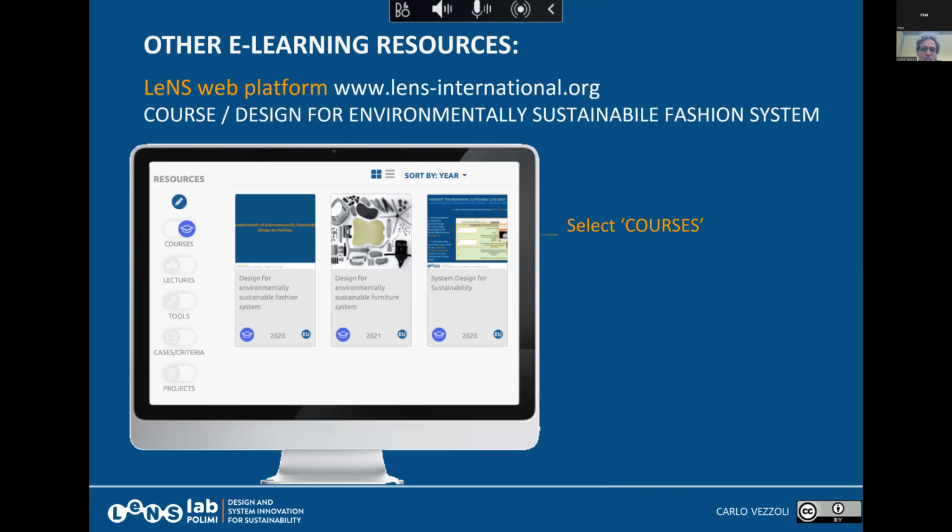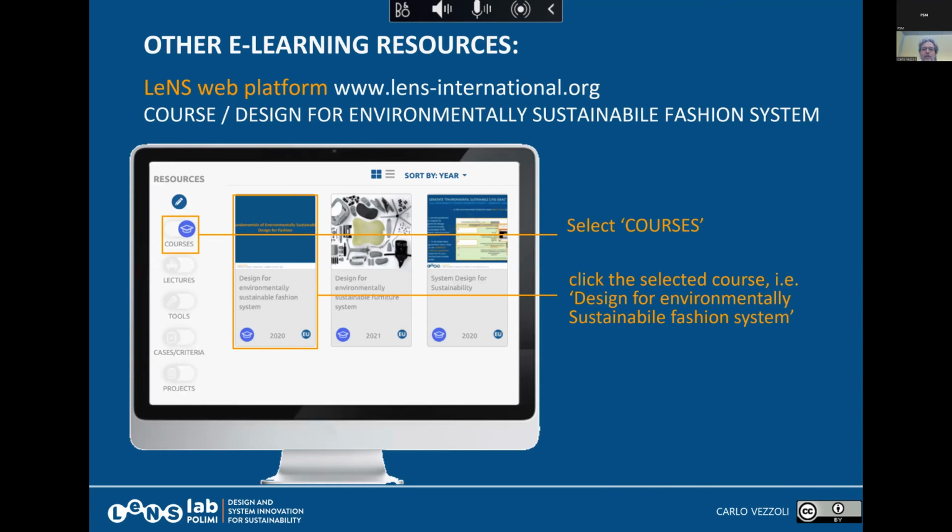But you can go even on a platform. It's a platform of this network that is called LENS, the Learning Network on Sustainability. You can see the address there.